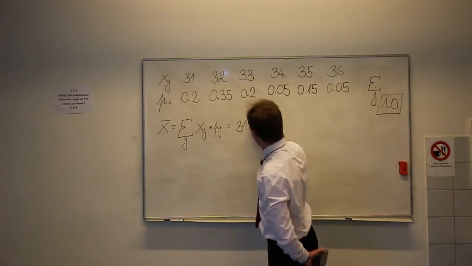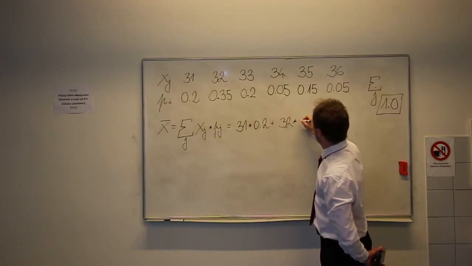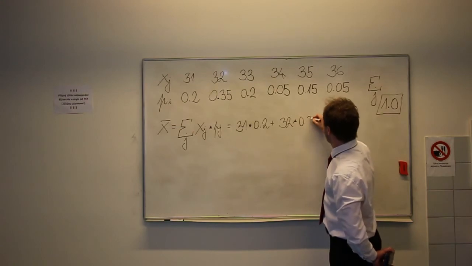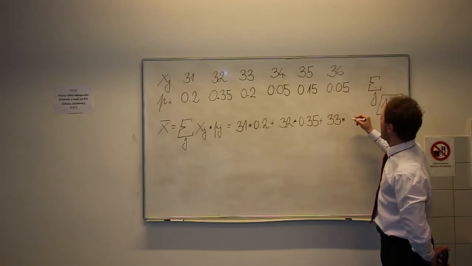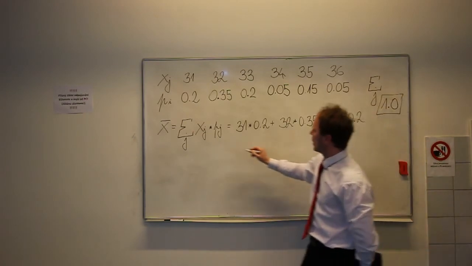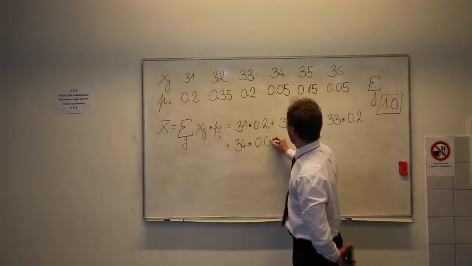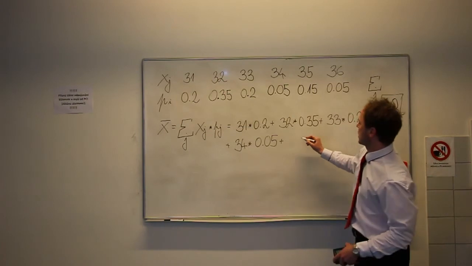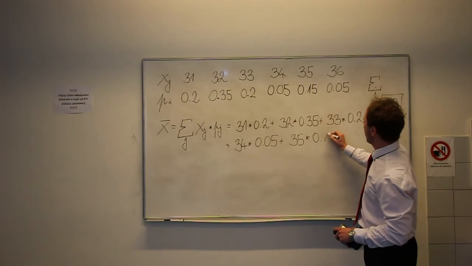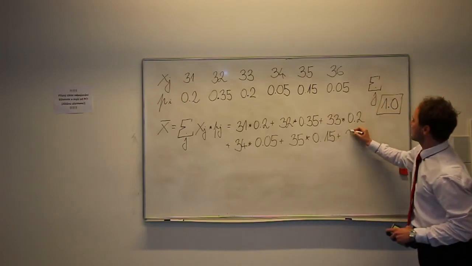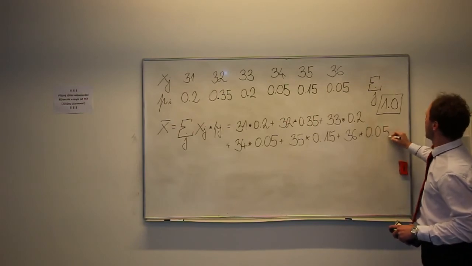Yes, 31 weighted by 0.2 plus 32 weighted by 0.35 plus 33 weighted by 0.2 plus 34 weighted by 0.05 plus 35 weighted by 0.15 and finally 36 weighted by 0.05.